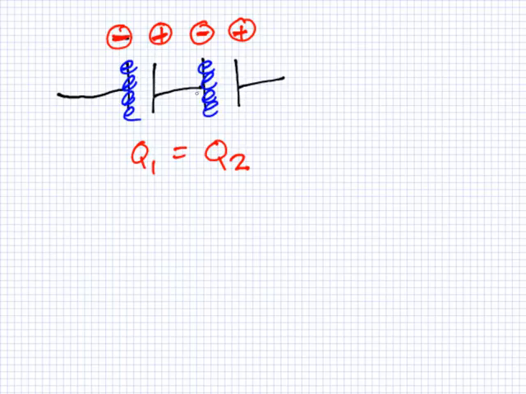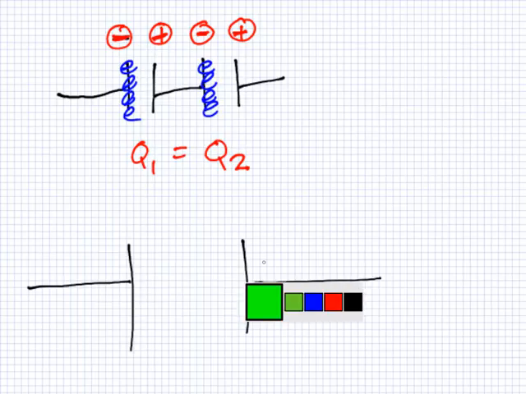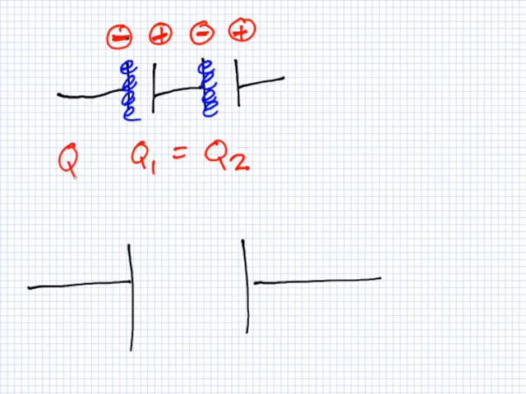Okay. Now what's the total charge? What do you think the total charge might be? This is like one big capacitor. Q equals Q1 equals Q2. Very good. The total charge is also the same, because when this starts to move, this positive and negative will cancel.